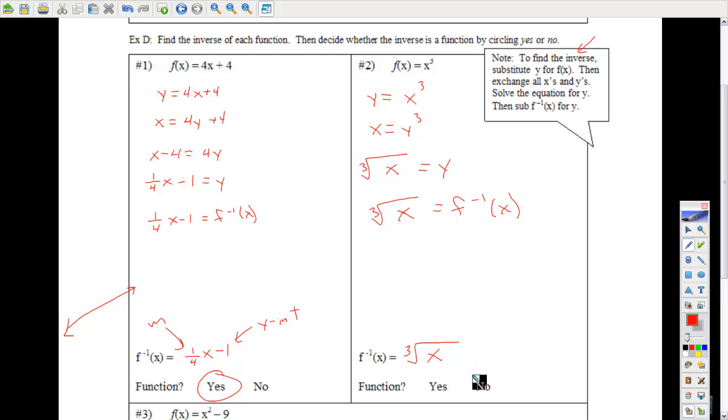Is this a function? If you were to put a number in for x, would you get one answer, or could you get multiple answers? You're always going to get one answer. This is going to become more clear to you as we progress. This is a function.